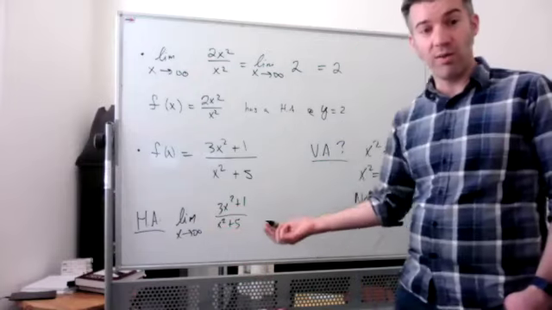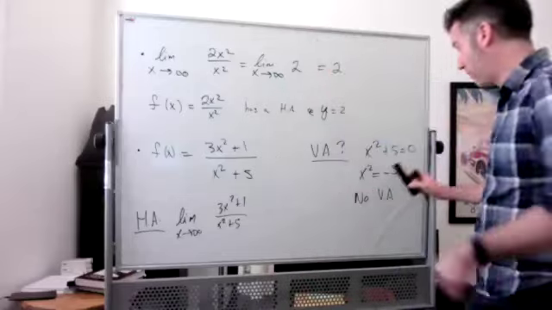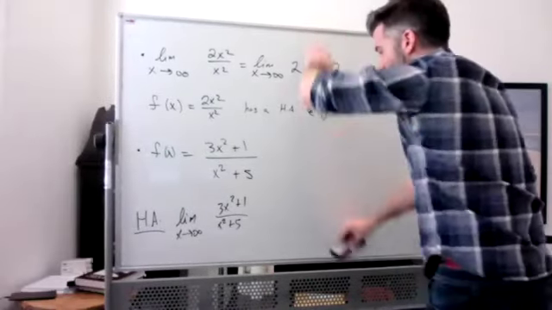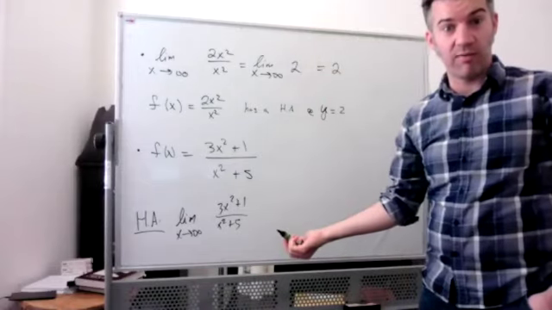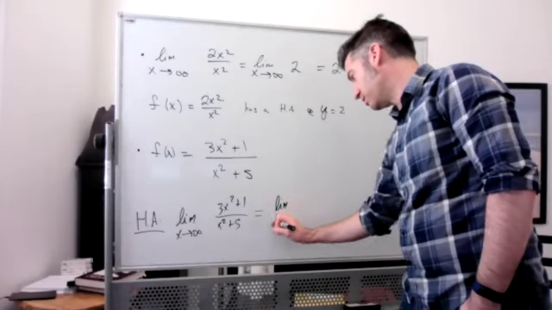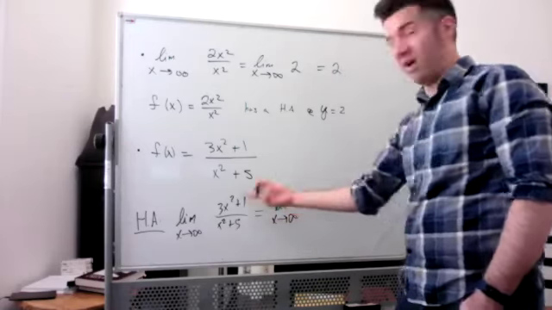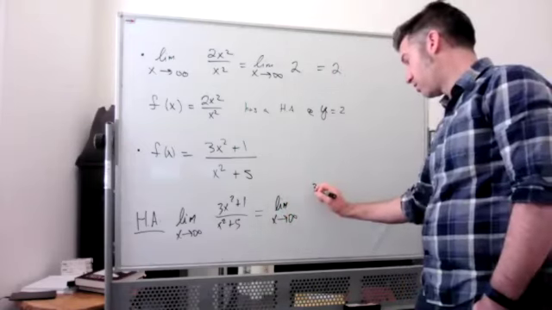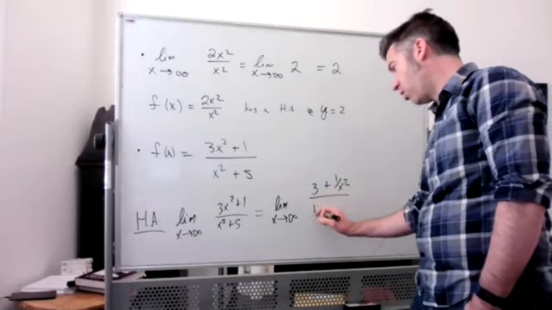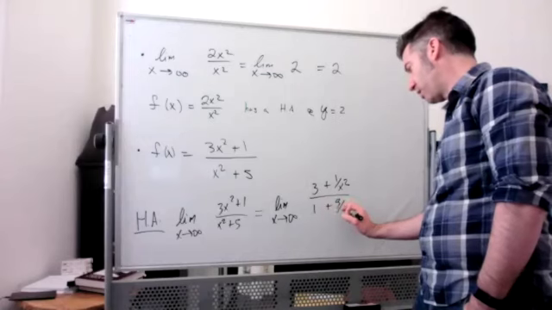The work your teacher might want you to show, I'm going to erase this part over here. Sometimes the work they want you to show is to divide everything by the highest power of x in the denominator. So I can write this as the limit as x goes to infinity, divide everything by x squared. So 3 plus 1 over x squared over 1 plus 5 over x squared.